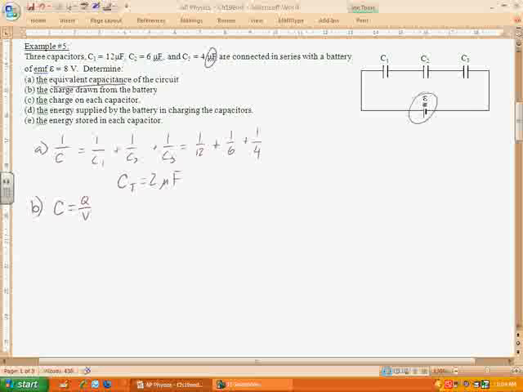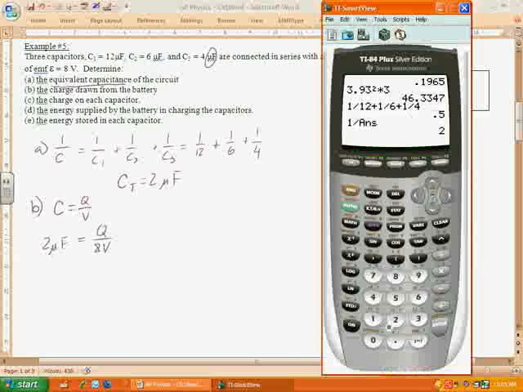So we go 2 times 10 to the negative 6th times 8, and we get 1.6 times 10 to the negative 5th, which in terms of microcoulombs would then be 16 microcoulombs. So Q equals 16 microcoulombs.